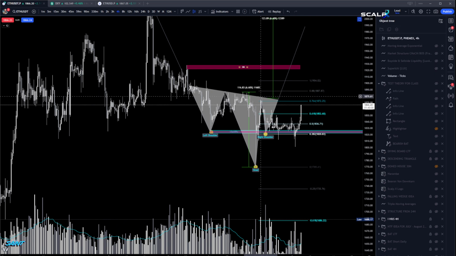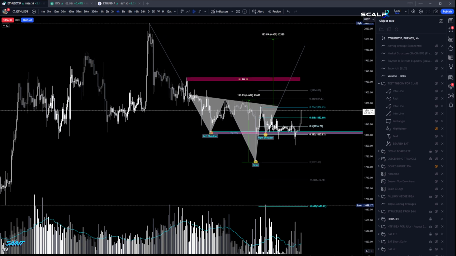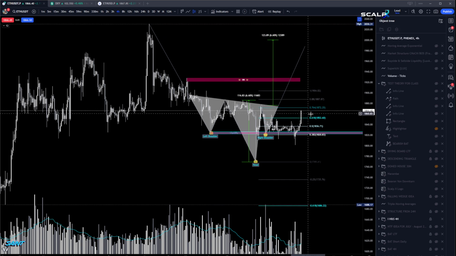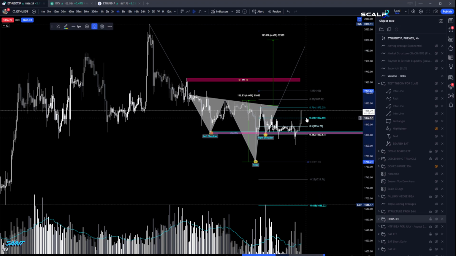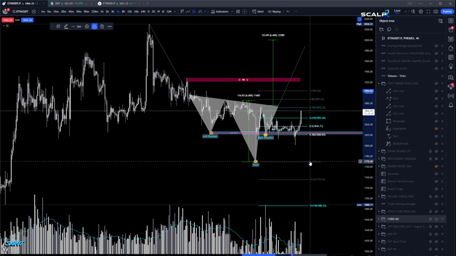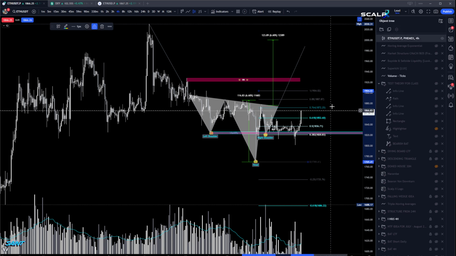If it comes to this neckline, takes a pause, and then just wants to kind of chill around here, I'll scalp that short, reload on that long when we come down here to 1852, right? Because it's from these highs where there's liquidity down to this low. That's where I measured it from.